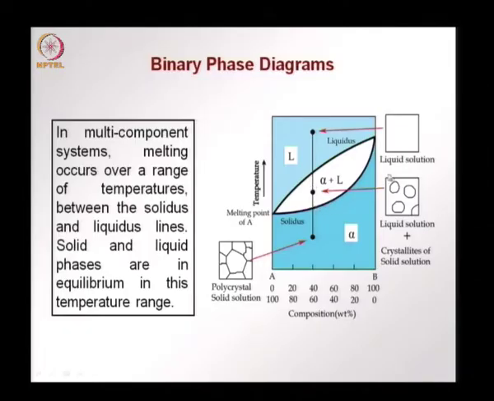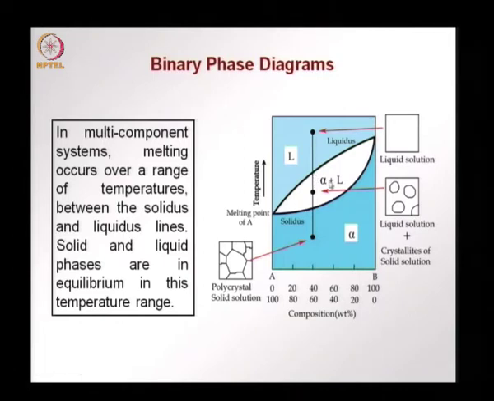We can show this diagrammatically with these 3 diagrams. Here you have the liquid solution, a single liquid phase shown here. Now, as the temperature decreases, shown by this vertical line, we have at this point the nucleation occurring.